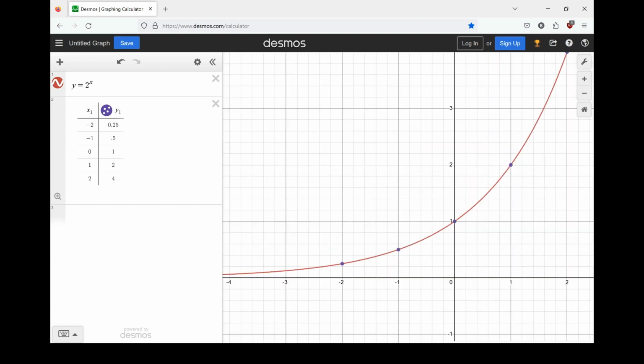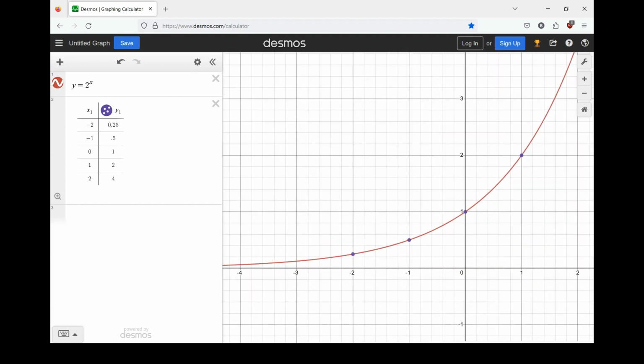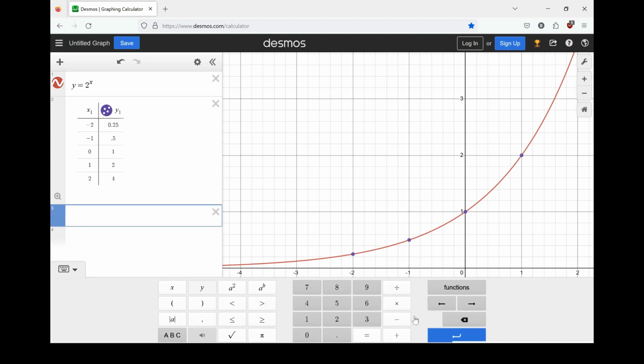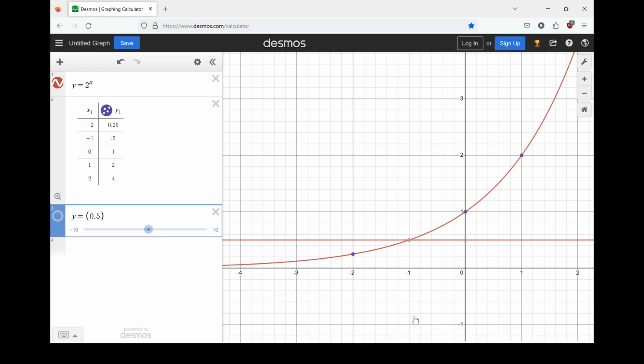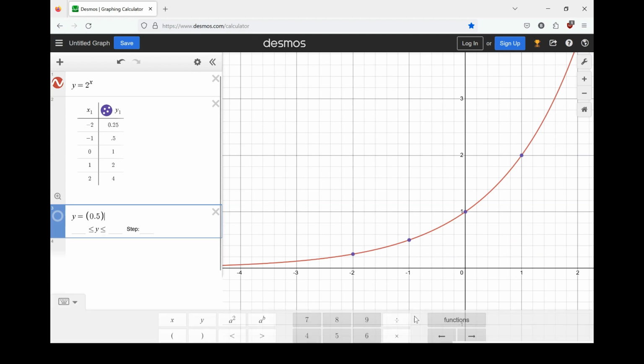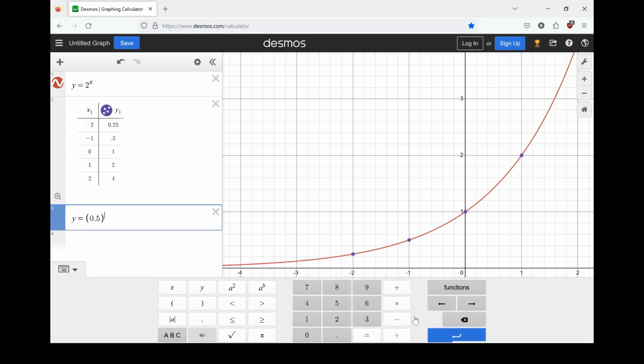If I ask you to graph an exponential decay function, you do the same. You are going to write your function. Let's say y equals, pick a number between 0 and 1, like 0.5, close the bracket, and raise to power x.